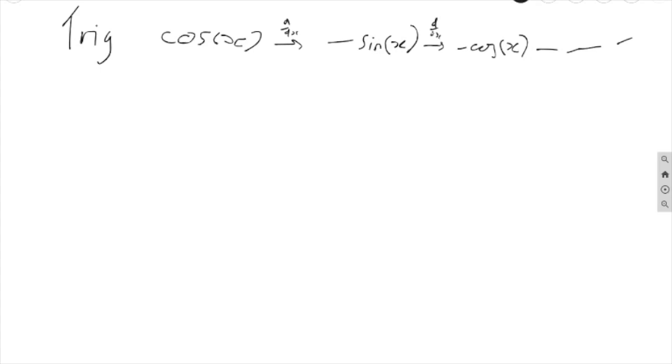Let's say we have cos of x to the power of 4. So the first thing, if you remember my video on the power rule, is we're going to organize things. We're going to take things one step at a time.